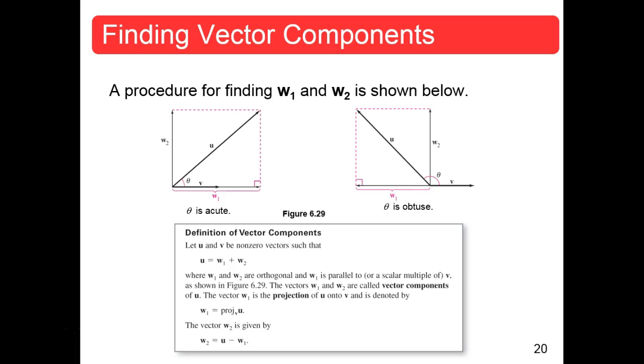Put the initial side of V up here, the opposite direction, minus W1, put it back here, that gives you W2 in this direction. This is vector subtraction: U minus W1 gives you W2. And that will turn out perpendicular every time. Okay.